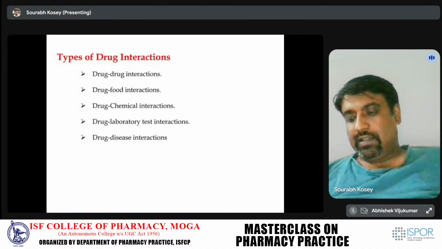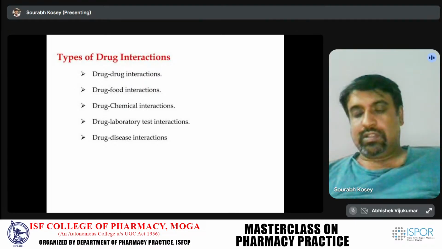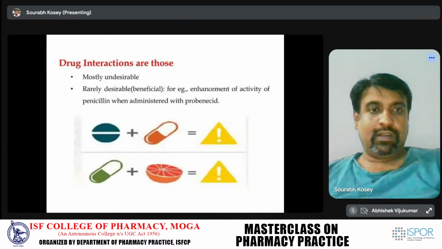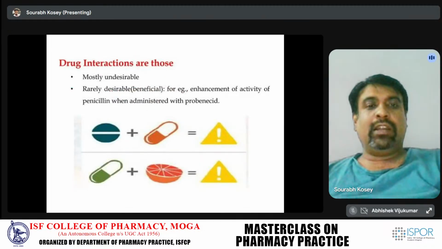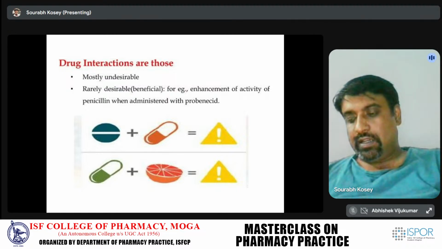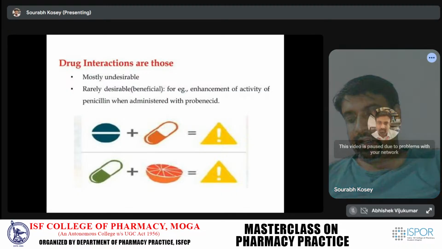This is the reason we understand that whenever a molecule is used at the disease level, laboratory level, chemical level, or food level, it should be safe enough. Mostly desirable, undesirable, beneficial, and harmful kinds of interactions take place.